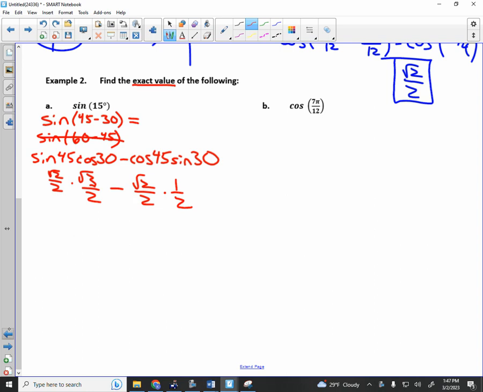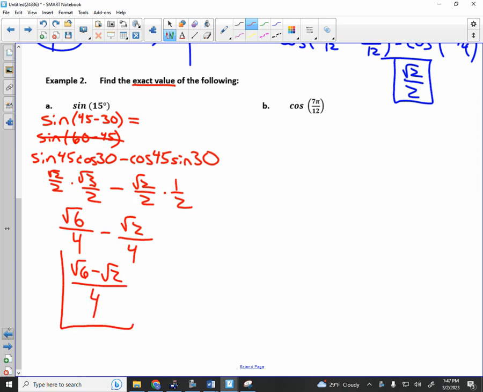The root of 2 times the root of 3 is the root of 6, and 2 times 2 is 4. The root of 2 times 1 is the root of 2, and 2 times 2 is 4. So on top, you get the root of 6 minus the root of 2, all over 4. That's the exact value.